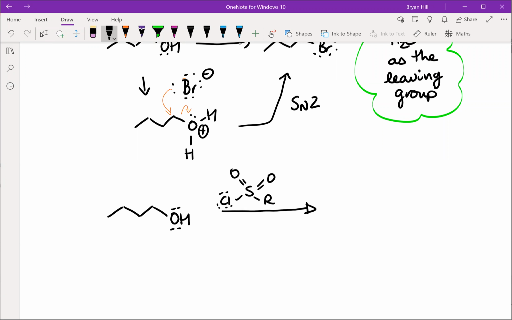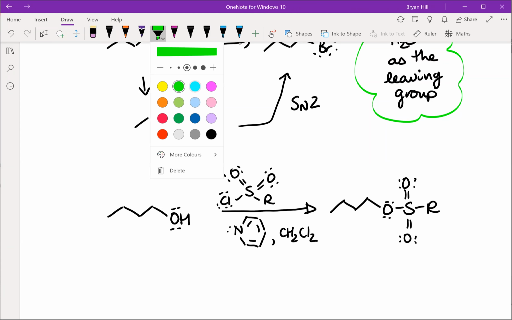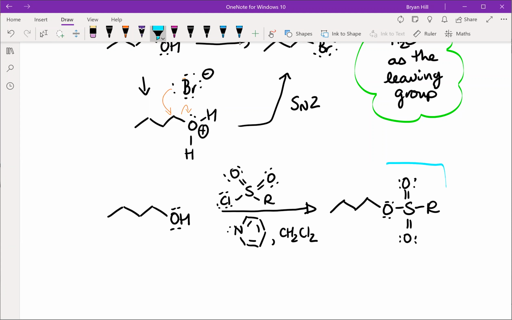I'll just put an R group here because there's a variety of different R groups that are possible. And we use pyridine, dichloromethane, and now we have our leaving group.